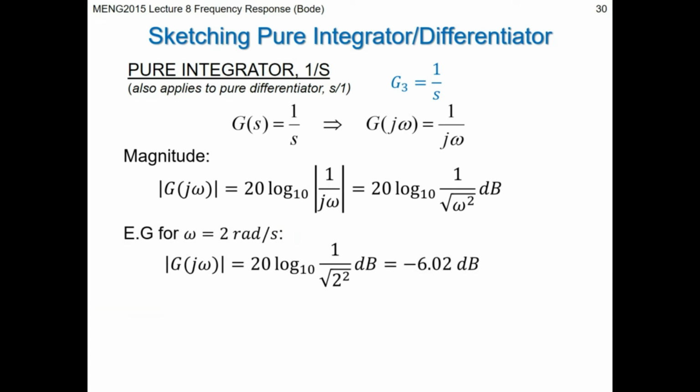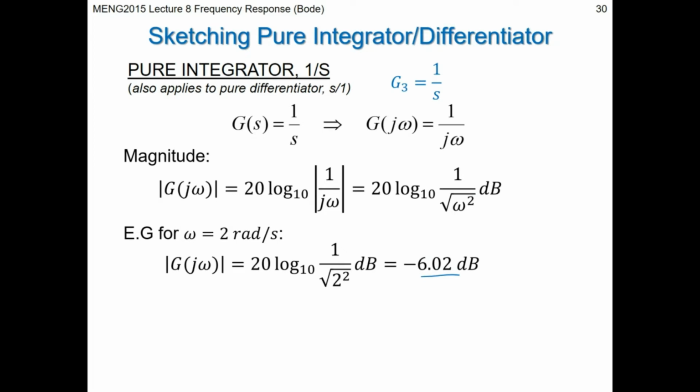Now if we have a specific frequency, so we're assessing the magnitude at a frequency of 2 radians per second, then we could just substitute in our 2 for omega, and we have an actual number of minus 6.02 decibels.